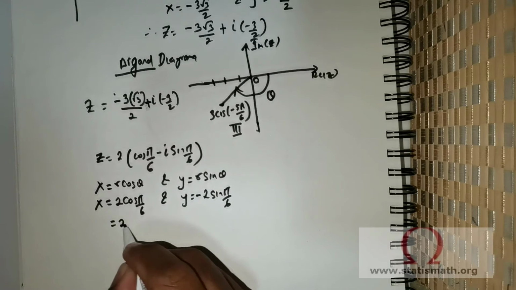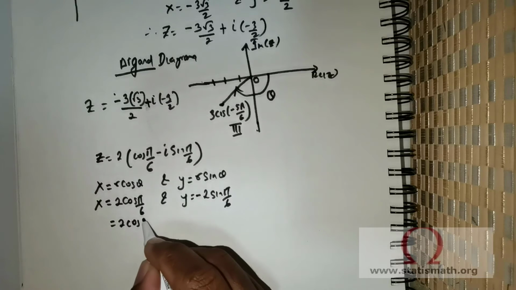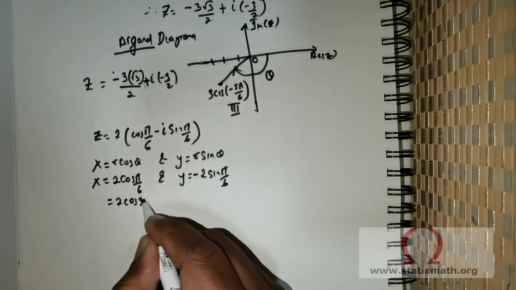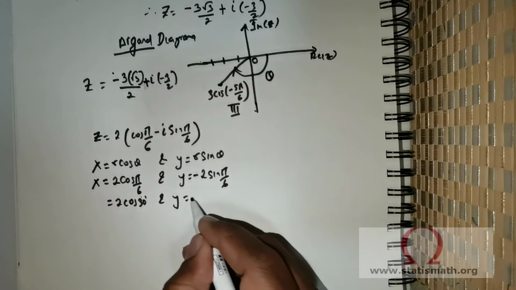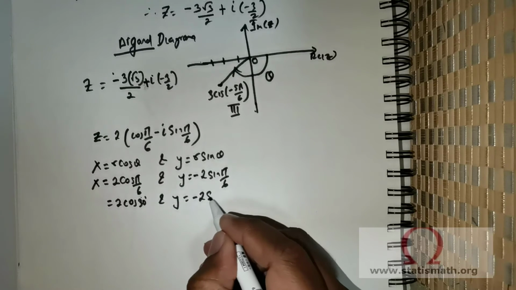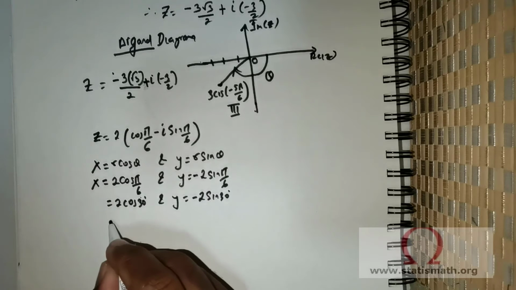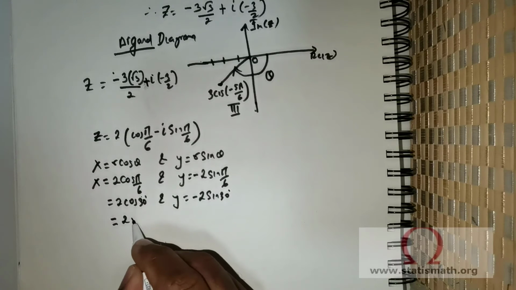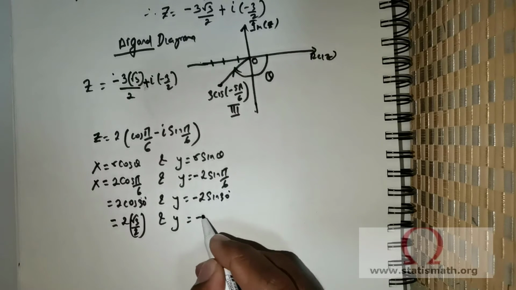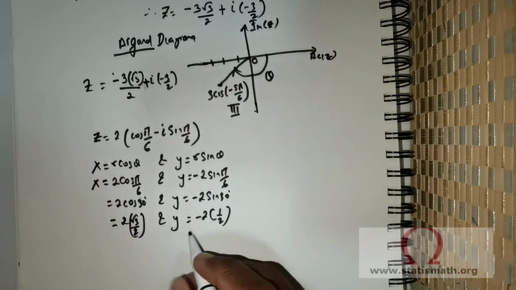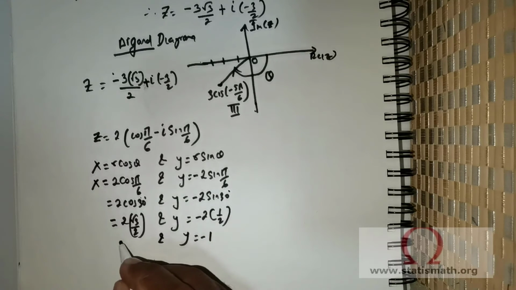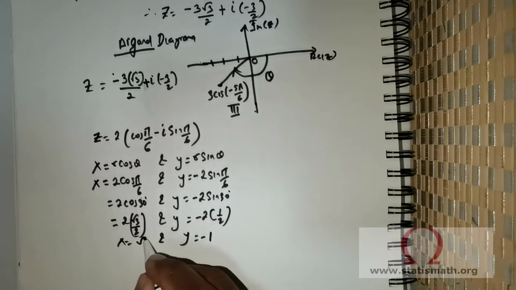So this is going to be 2 times cos 30 degrees, and in this case negative 2 times sin 30. So this is equal to 2 times cos 30 is root 3 over 2 and sin 30 is 1 over 2. So I am getting y to be negative 1, and x will be root 3.